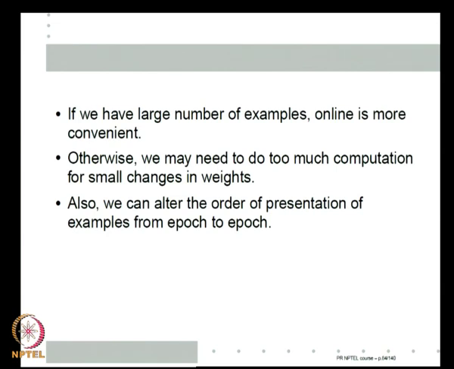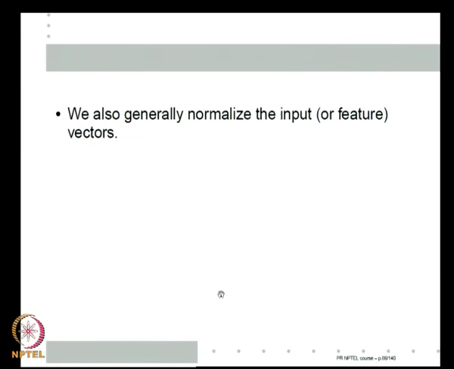Maybe in one epoch of the online algorithm, I present examples 1 to n, and in the next epoch I go from n to 1, or I do a random shuffling of the examples for each epoch. Very often that kind of thing helps in finding good minima. So, it kind of gives an extra shake to the algorithm. These tricks generally find you good minima.